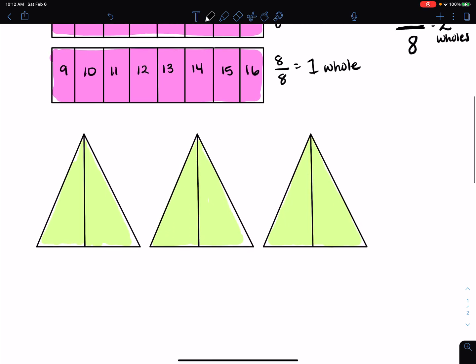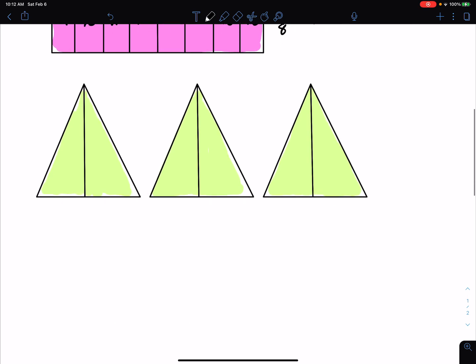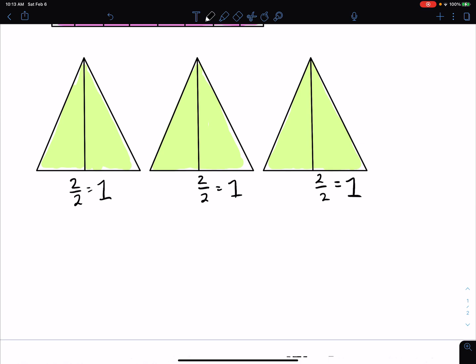So let's look at these triangles. Okay, so I see that each triangle is 2 over 2 shaded, 2 over 2, 2 over 2, which again I know is one whole for each. But I want to write this as a fraction. I don't want to leave it like this. I want to put it all together in one fraction.